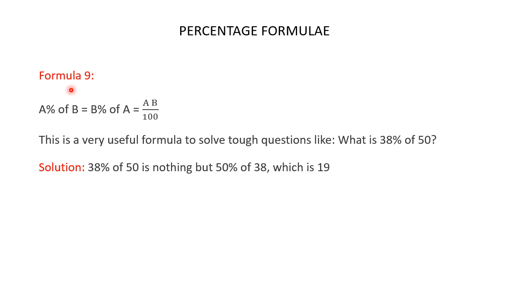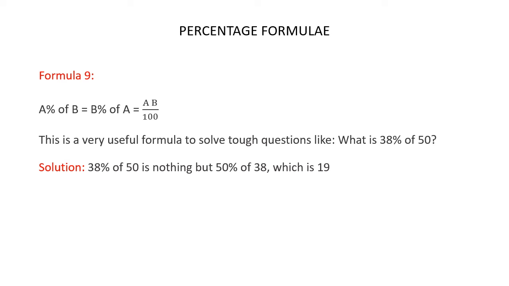Formula 9. A percent of B is nothing but B percent of A, which is AB upon 100. This is a very useful formula to solve tough questions like what is 38% of 50.